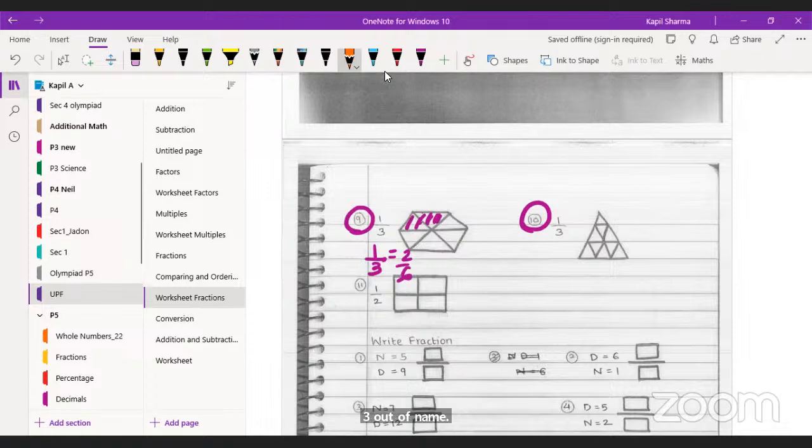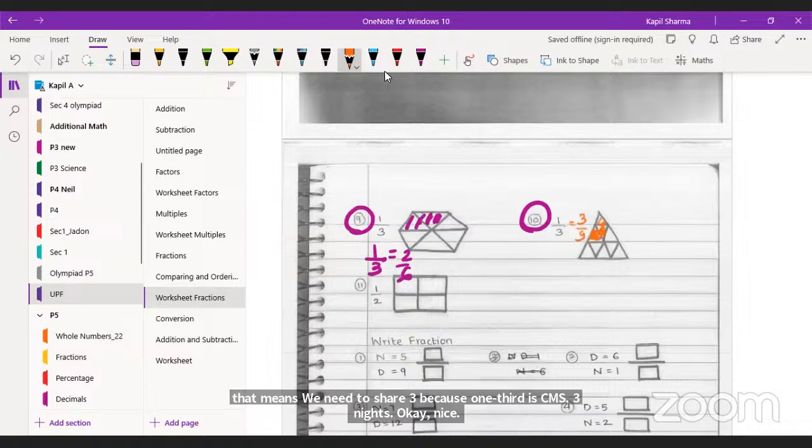Yeah. So here we have 9 parts. Okay. So that means we need to shade 3 because 1/3 is same as 3 ninths. Okay, guys, good. So pick any 3 parts.